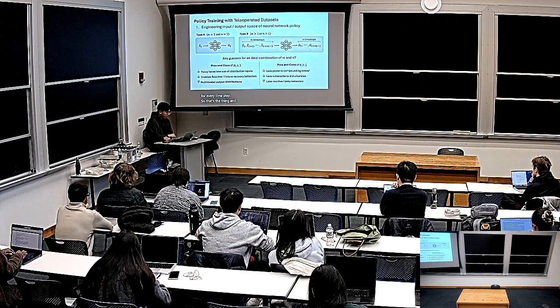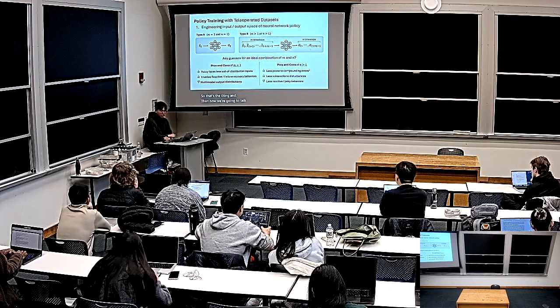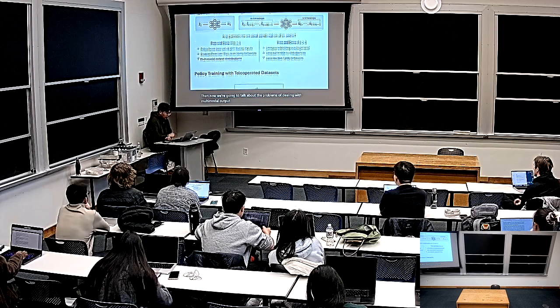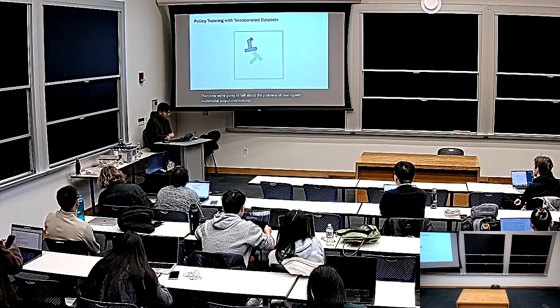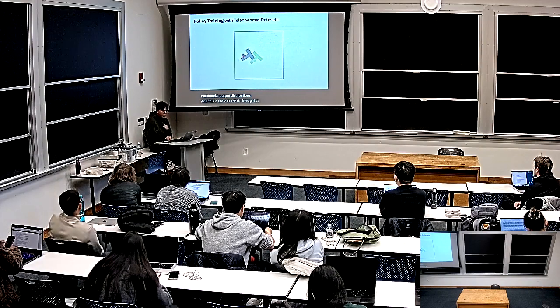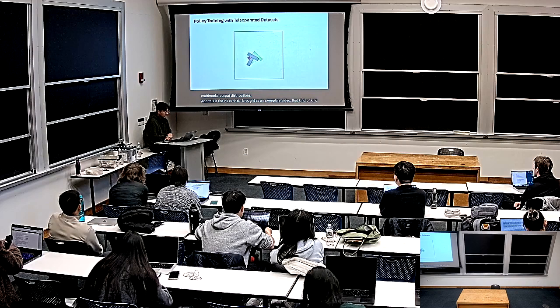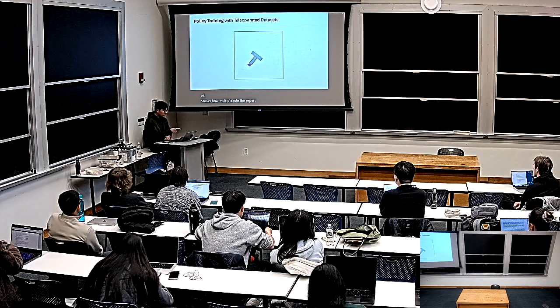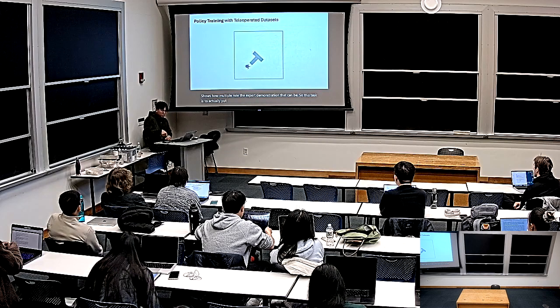Now we're going to talk about the problems of dealing with multimodal output distributions. This is a video I brought as an exemplary video that shows how multimodal the expert demonstrations can be. The task is to put the T into this box by pushing it, a very simple 2D plane task.